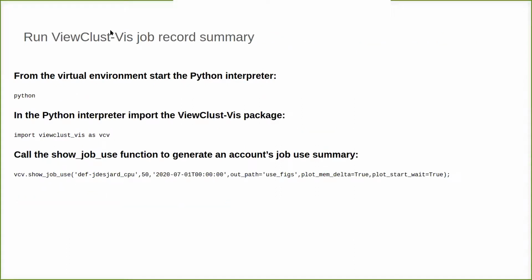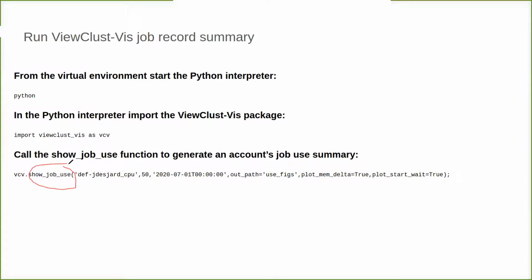Finally, all we have to do to run a summary is start the Python interpreter, and I'll just be using a login node for now. In the interpreter, import the ViewClust viz package, and then I'm going to run this command here called the show job use.